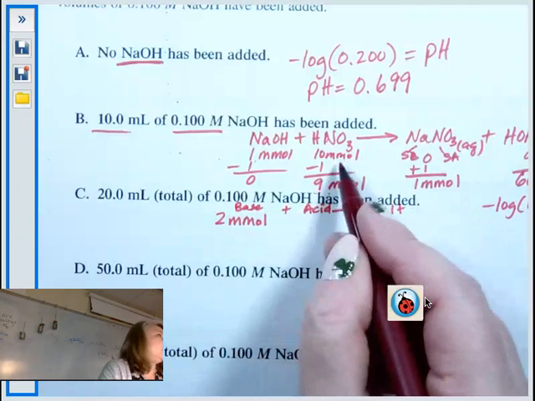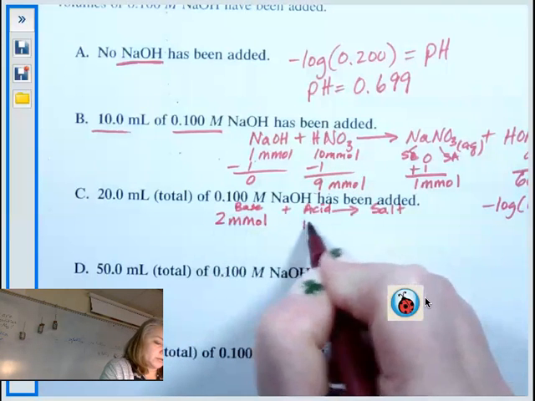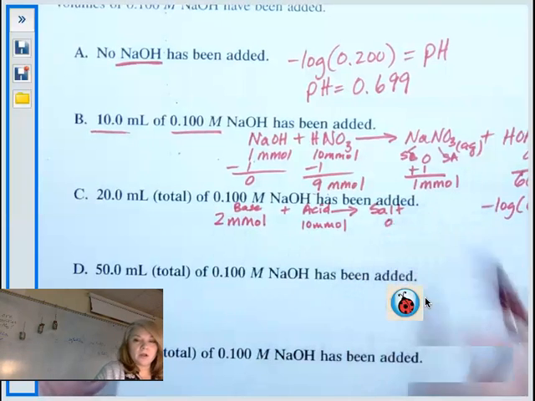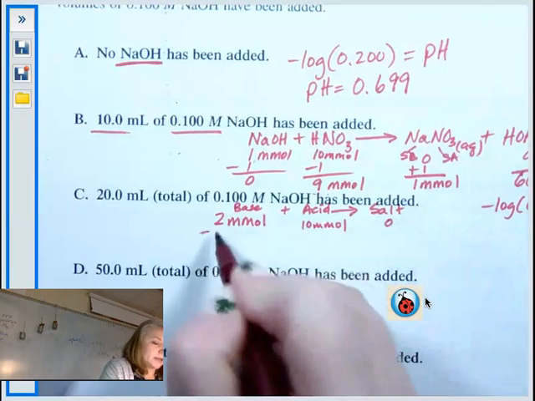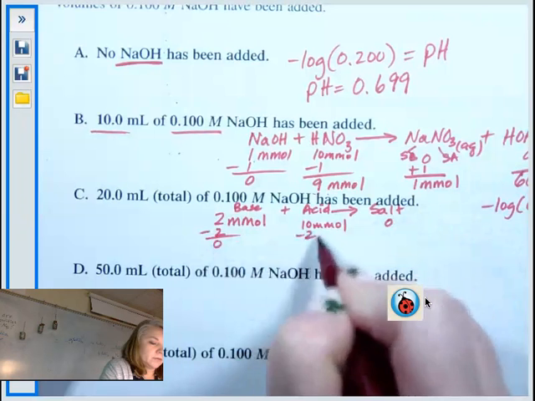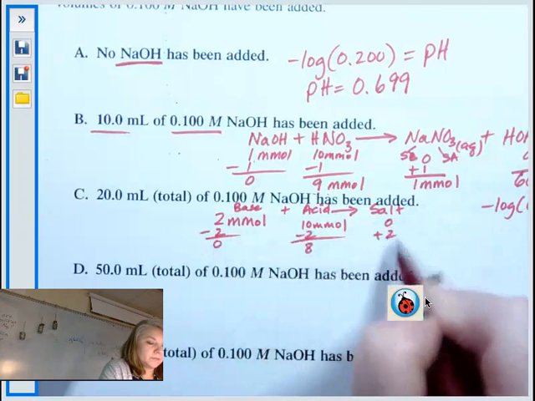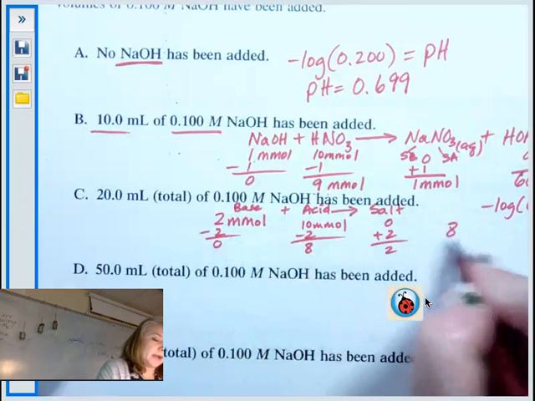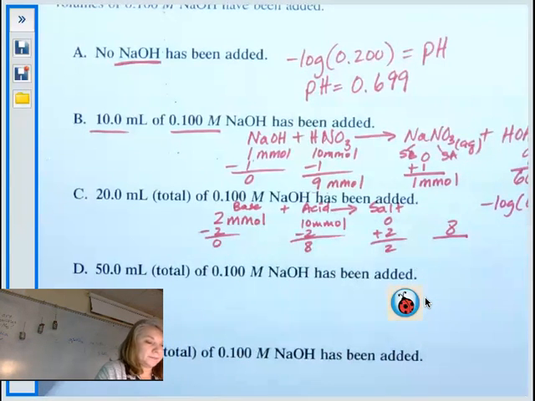We always start with the original amount, so we'll say 10 millimoles. 0 salt. All that's going to go minus 2 would be 8 plus 2. We don't care though. So right now we have 8 millimoles of acid. 8 divided by your total volume. We had 50 plus 20 would be 70.